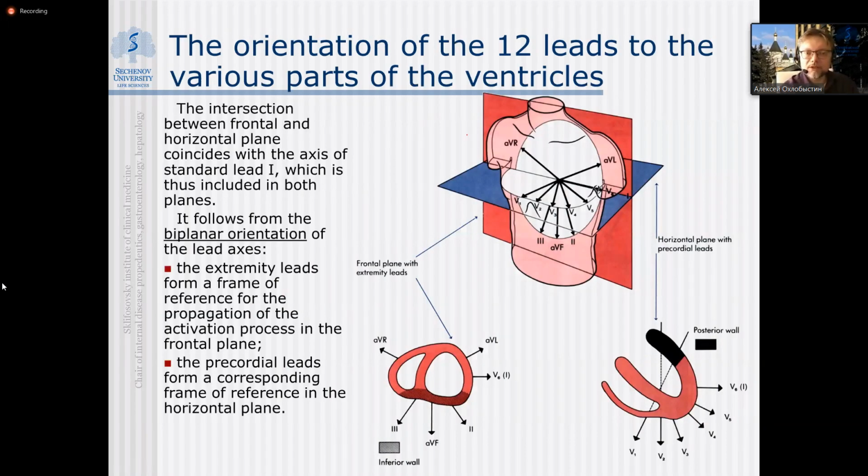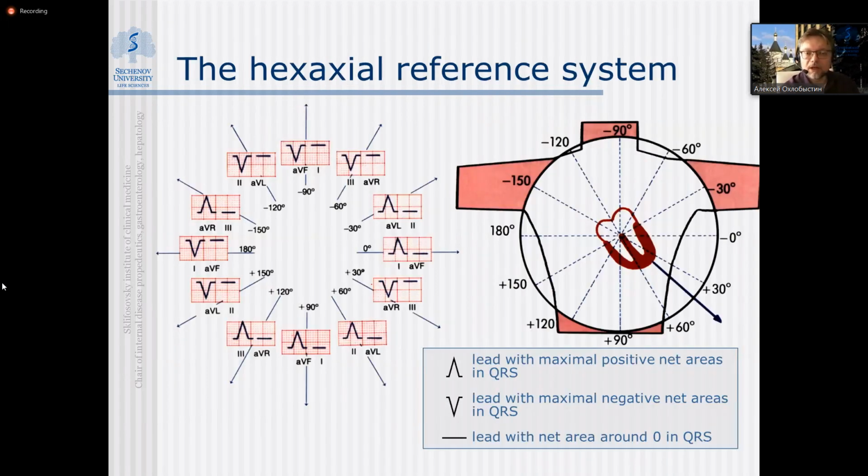Good. So what we have is the intersection of the set of six leads in the front plane and six leads in the horizontal plane, and each may be used for assessment of rotation of the vector. How may that be done? If you have the highest positive deflection, let's say, in the first standard lead, it means our vector coincides with that axis.